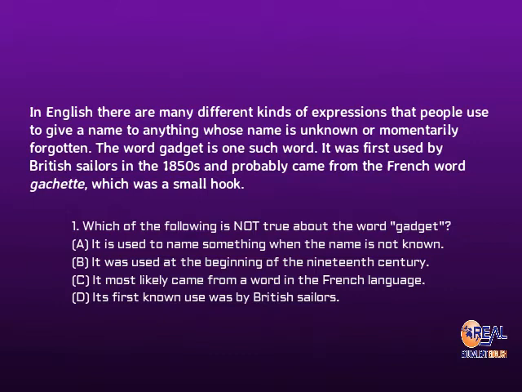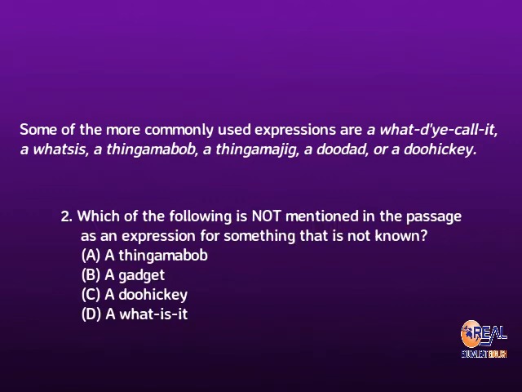And then for the second, I also have a question about non-mention. Which of the following is not mentioned in the passage as an expression for something that is unknown? So the keyword here will be expression for something that is not known. Not known, unknown, same. So we're going to read more about the word unknown. Where can we find it in this text?